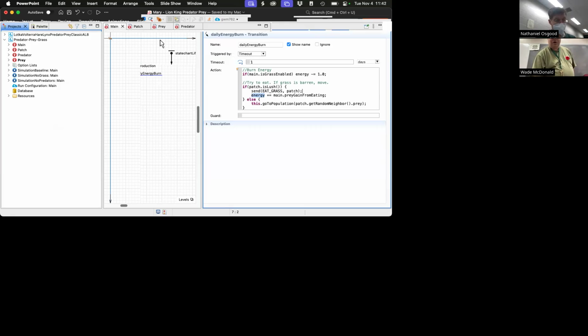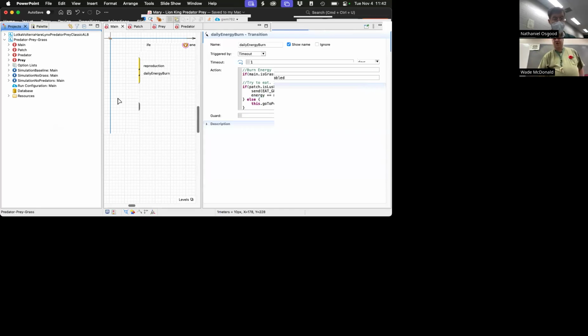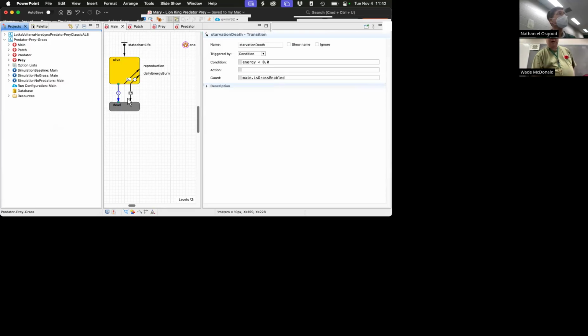So there's an energy variable, and when that gets below zero, then it's a starvation death for the animal. And since these are prey animals, they may also be eaten by the predators, which is represented by this transition here.